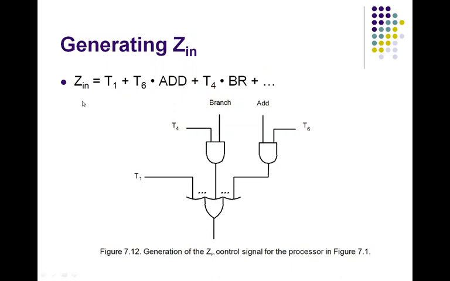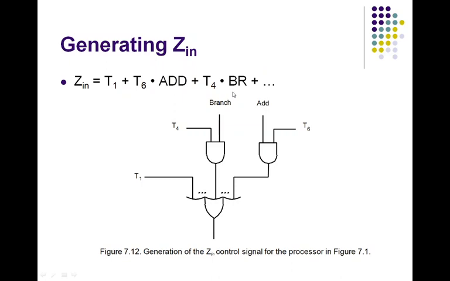You can see here Z-in equals T1 plus T6 dot add plus T4 dot BR plus and so on. This signal is asserted during time slot T1 for all instructions, during time slot T6 for an add instruction, during time slot T4 for an unconditional branch instruction, and so on.